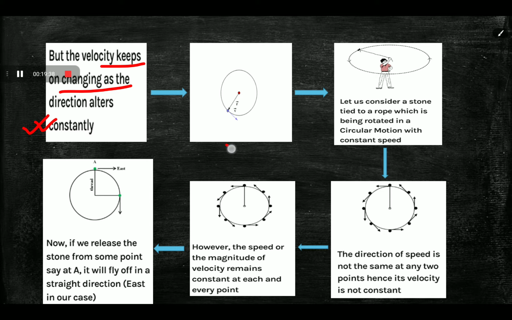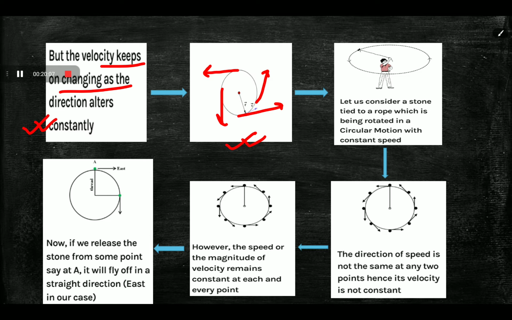As you can see in the image, at each and every point, the speed is denoted by the letter v, but at each and every point its direction changes. At this point the direction is this, at this point the direction is this, at this point the direction is this. So the speed is constant, but the direction keeps on changing.